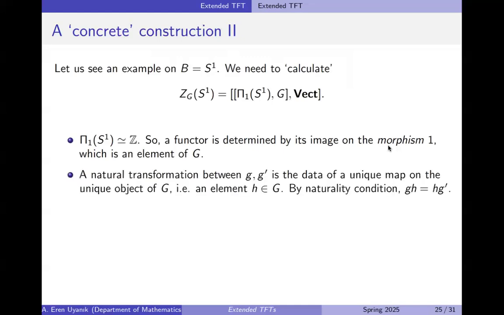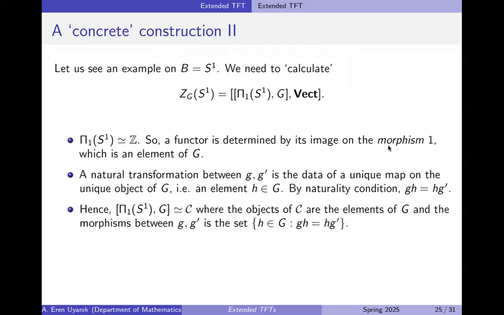So functors are equivalent to group elements, and the natural transformations between them are given by another element h in G, and by drawing some diagrams, we get by the naturality condition gh equals hg'. So it's just the conjugation action. We can think of this as a category whose objects are elements of G and whose morphisms are the set of h such that gh equals hg'.